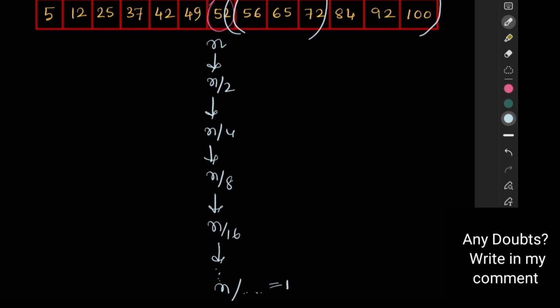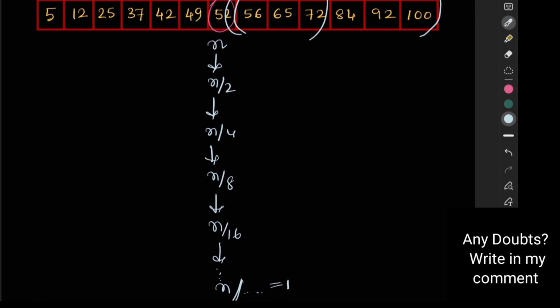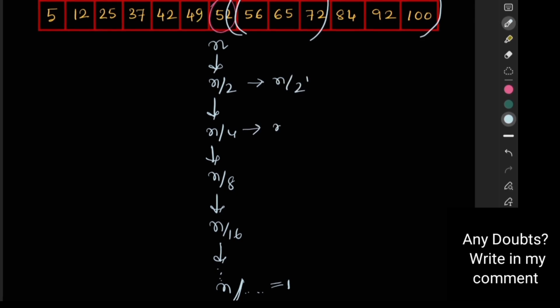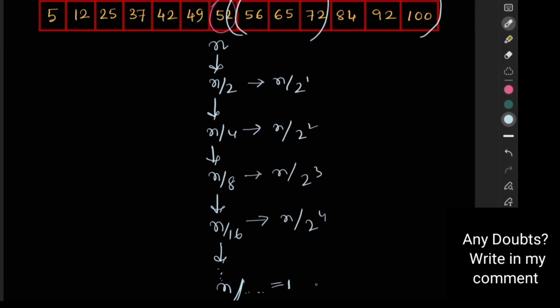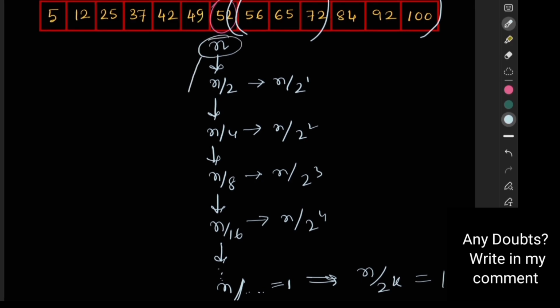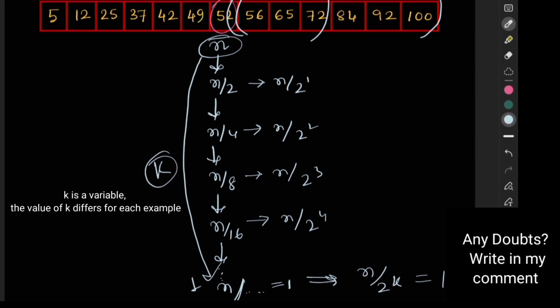We know if we get the index or if we do not get the index, at last only one value will be there. That means at last n by something will be 1, right? So here we can write it like that, n by 2 to the power k equals 1. That means from n elements to only one element, we have to do k number of steps. That means the time complexity of this algorithm will be big O of k.